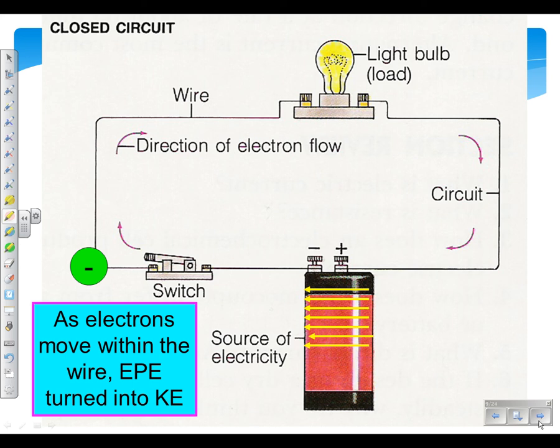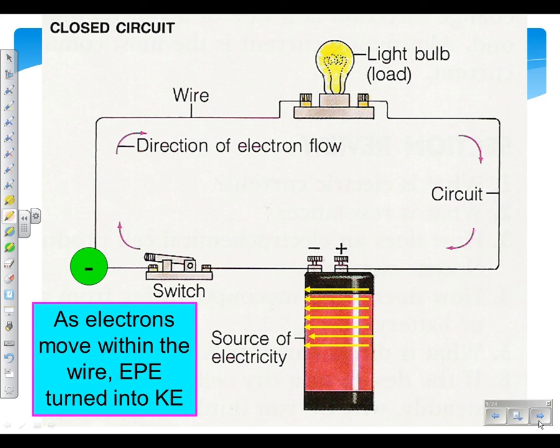By moving the electron away from the negative terminal of the battery, what's happening to its potential energy? It is decreasing. But as the potential energy decreases, what do we find happens? Kinetic energy increases.